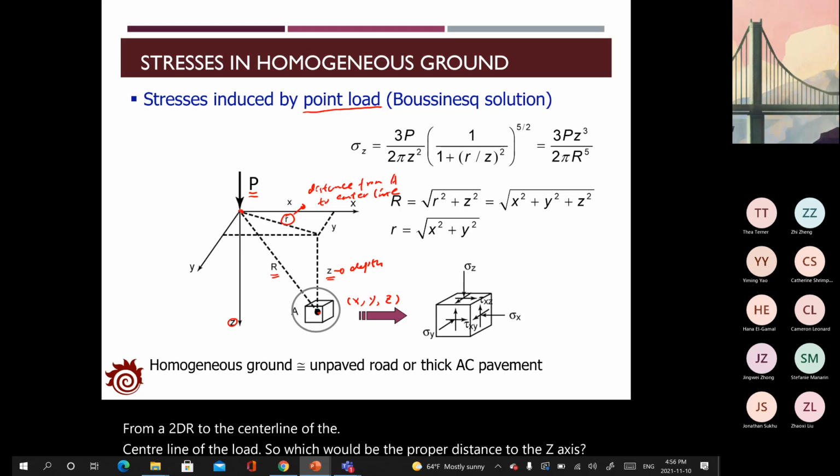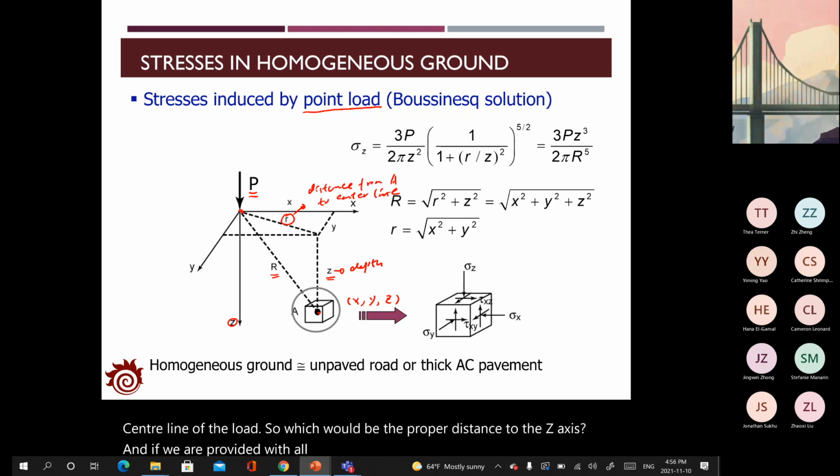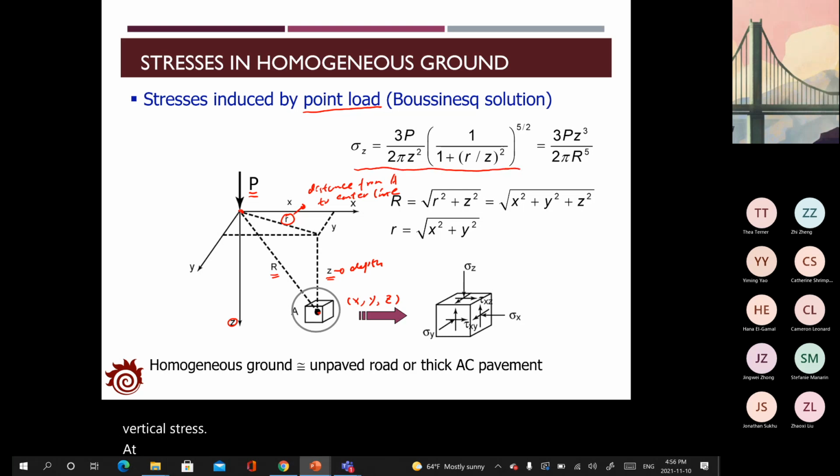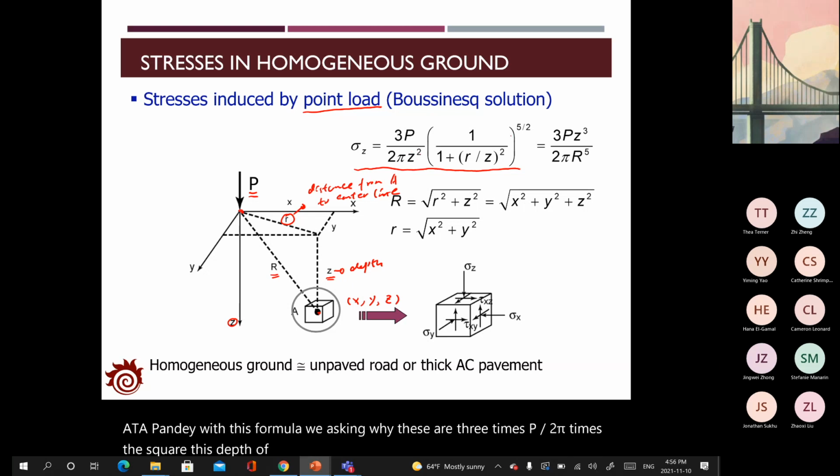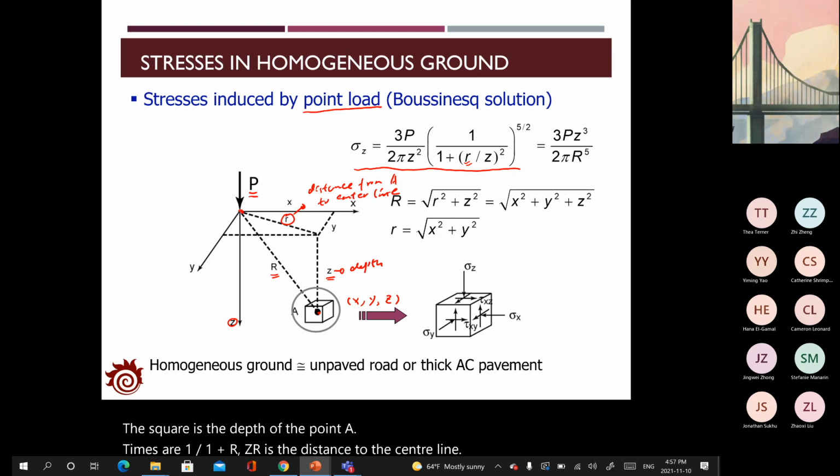And if we are provided with all this information, you can then calculate the vertical stress at point A with this formula. Sigma z is 3 times P divided by 2 pi times z squared, z is the depth of the point A, times 1 divided by 1 plus r over z, r is the distance to the center line, to the power of 5 divided by 2.